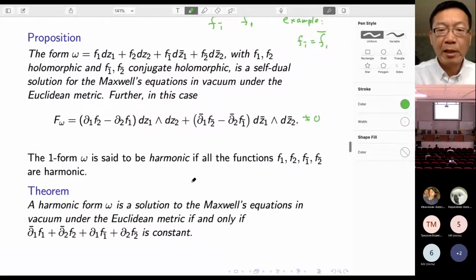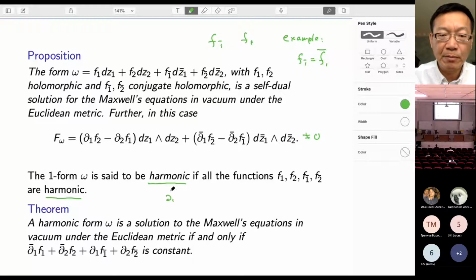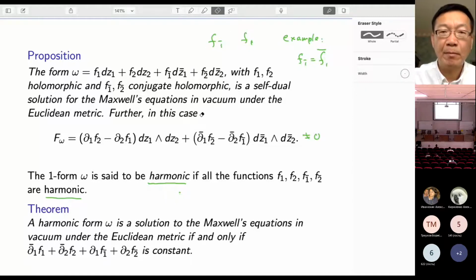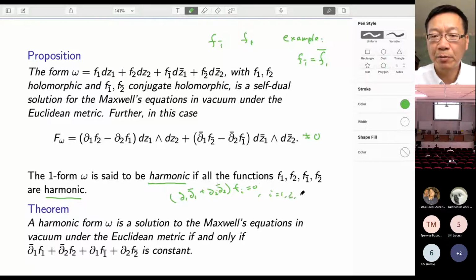Okay, so now let's generalize the result a little bit more. Say, instead of treating holomorphic functions, we treat harmonic functions. Say, if all the functions here, F1, F2, F1 bar, F2 bar, are harmonic in the sense that partial 1 squared plus, in full variable, it means partial 1 bar plus partial 2 bar acting on Fi equals 0, where i is 1, 2, 1 bar, 2 bar.